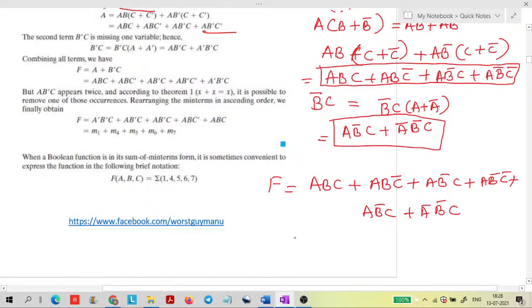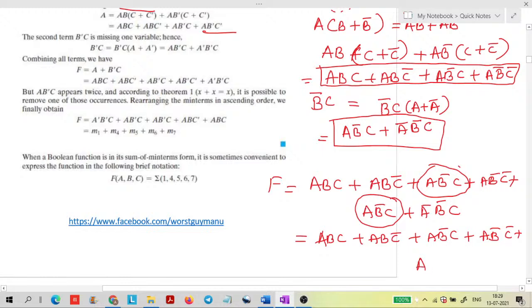Check whether there is any common term. So this one is common, so here we will get the final 5 terms. Total 5 terms we will get.